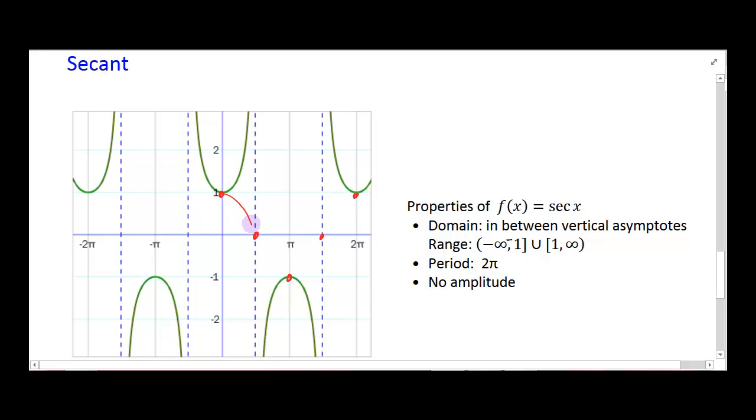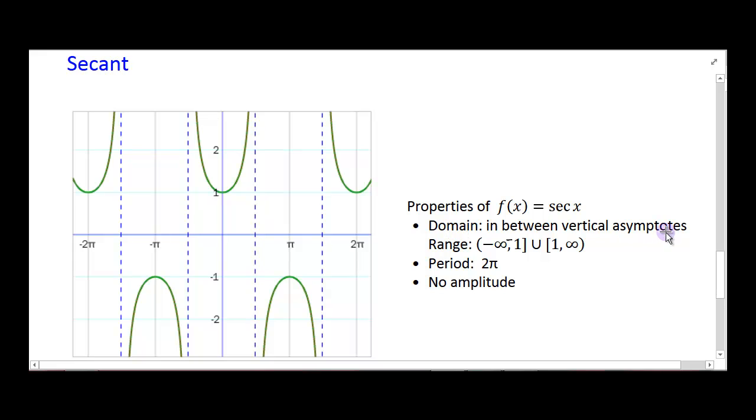So if I were to sketch this graph, notice that everywhere my cosine function crosses the x-axis, I have vertical asymptotes, and everywhere I have a maximum or a minimum on the cosine function, I end up with a parabola. So this is similar to our cosecant graph and the way that cosecant and sine were related, in that secant and cosine are related in the same fashion.